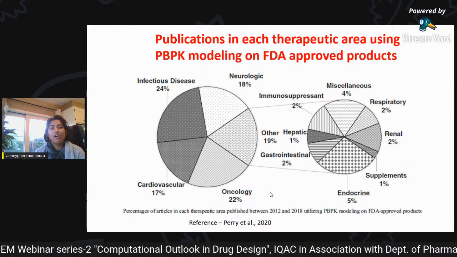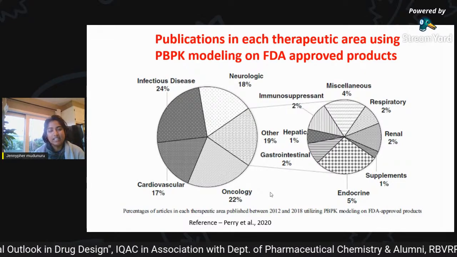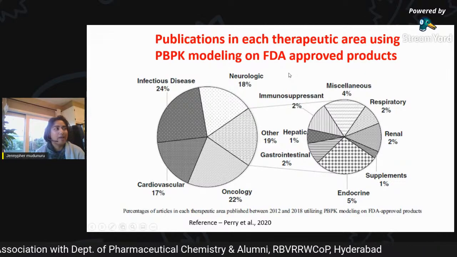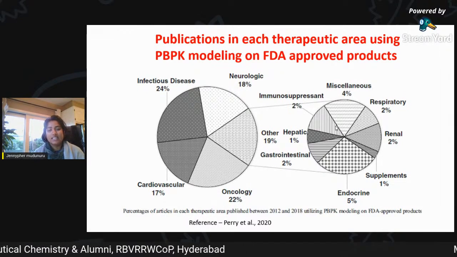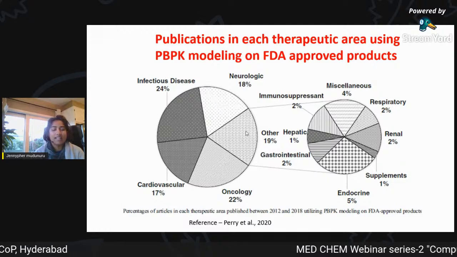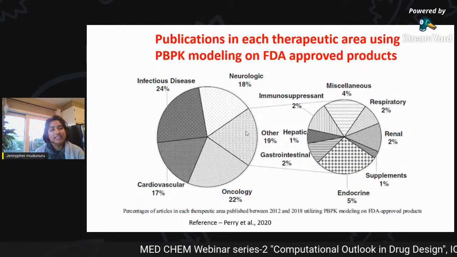Previously, probably 15 years ago, they were not very confident, it was still being tested. But now FDA, EMEA, Japan, almost all of the regulatory agencies are asking for PBPK models, and they have more confidence in it, and they are building over time, and they are also publishing guidances.